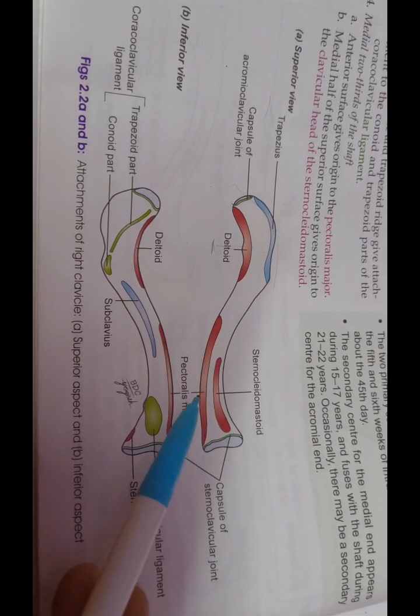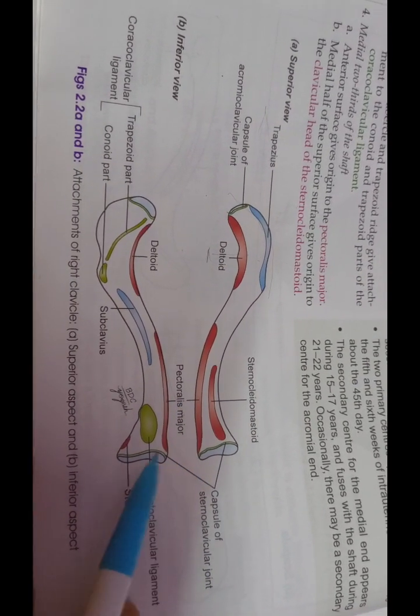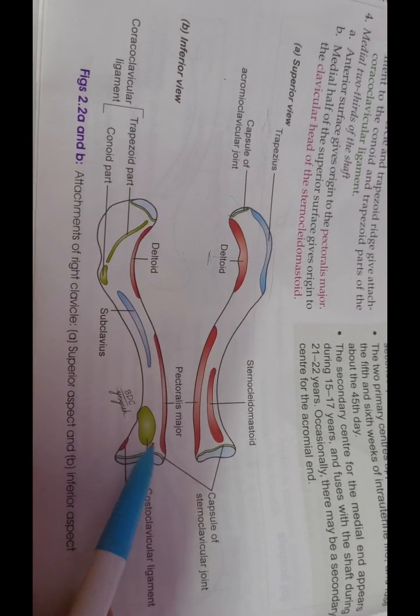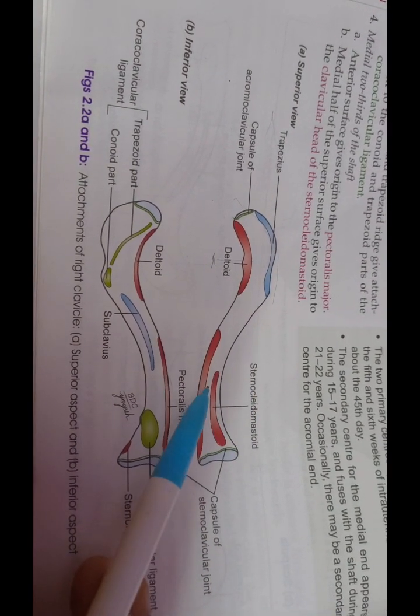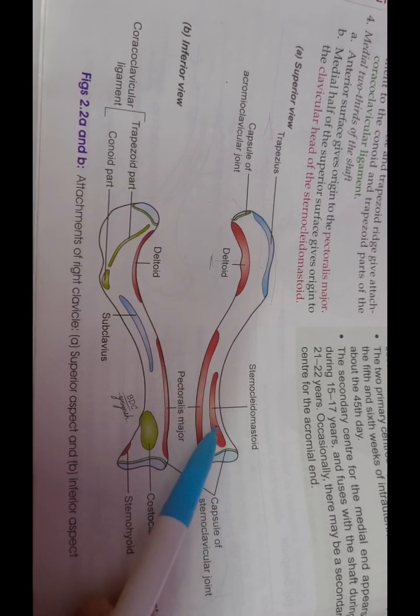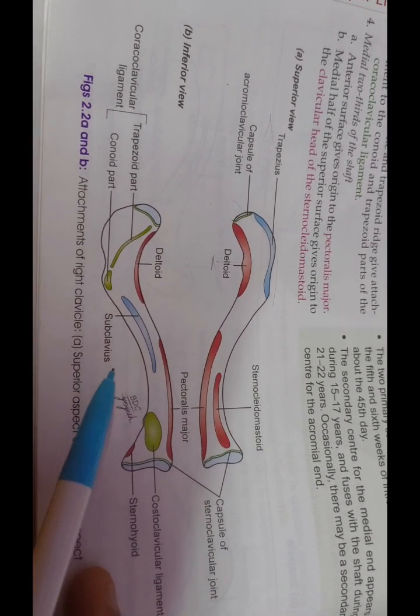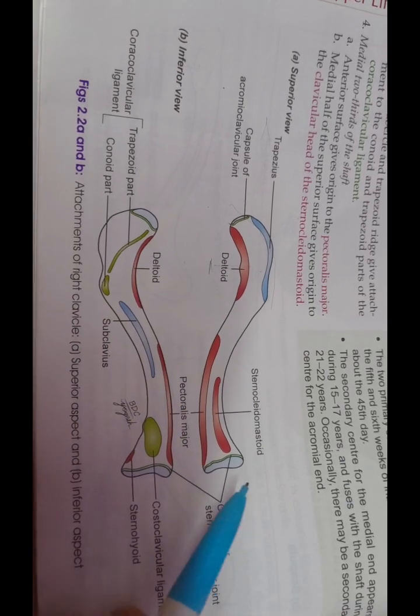On the anterior surface you have the pectoralis major, whereas on the posterior surface you have the sternohyoid muscle. Coming to the superior surface, you have the origin of the sternocleidomastoid, whereas on the inferior surface you have the insertion of the subclavius and the clavipectoral fascia.